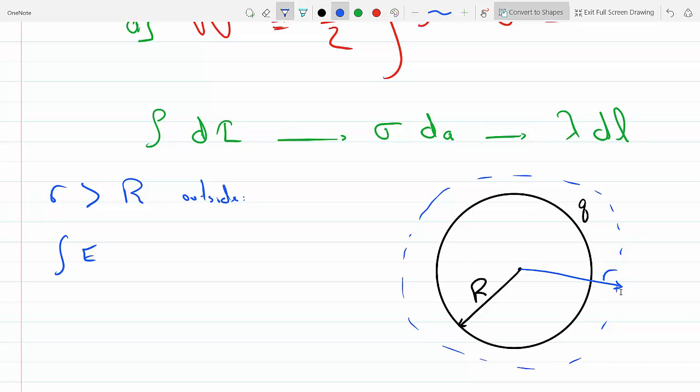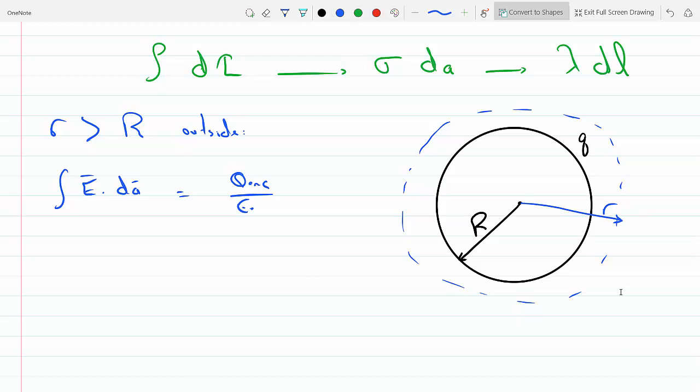So the integral of E dA equals Q enclosed over epsilon. In this case, I will enclose the entire Q. So this will be E times A because they're both in the radial direction. Due to symmetry, I can pull E outside the integral. The angle is 0, cosine 0 is 1, so this just becomes E times A, which is 4 pi r squared of the Gaussian surface.